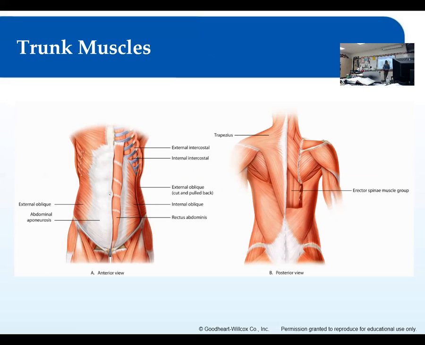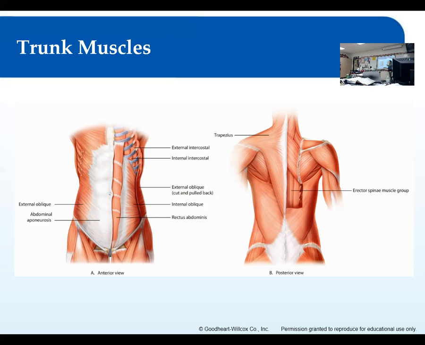Okay. The trapezius, you've probably heard the term traps before. It's a large triangular shaped muscle in the back. You can really feel it, a big muscle right here in the middle of your back and shoulder. That's the trapezius. And then the latissimus dorsi is not written on here, but it's this muscle right here.